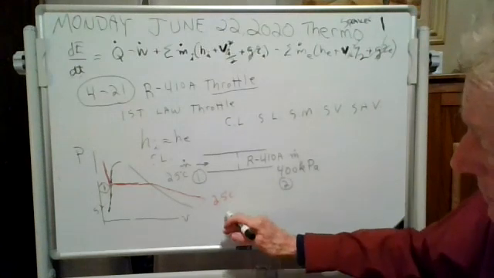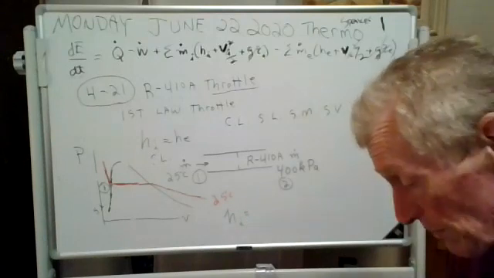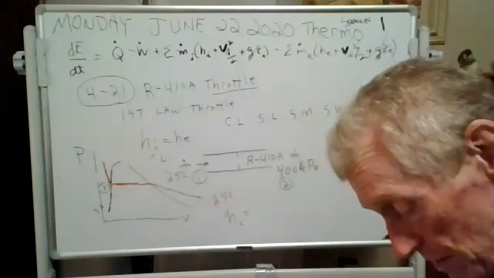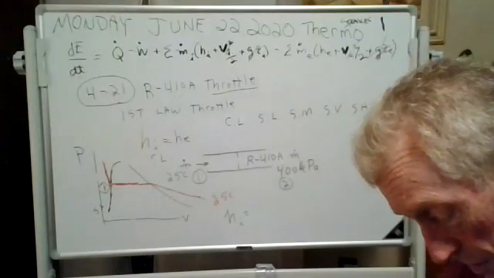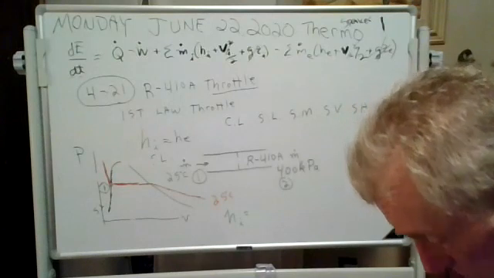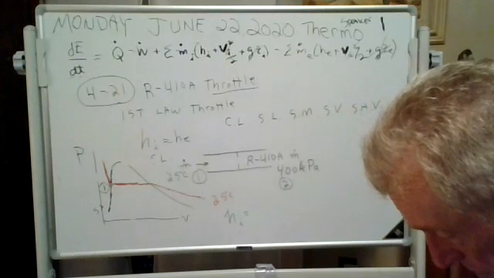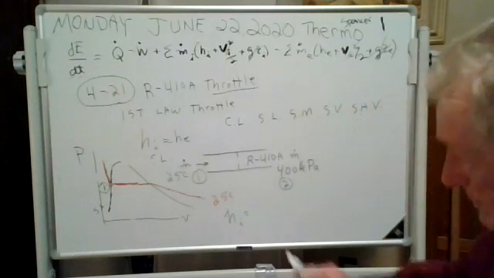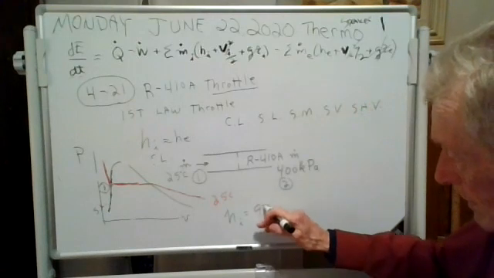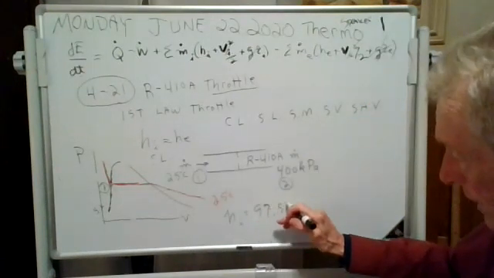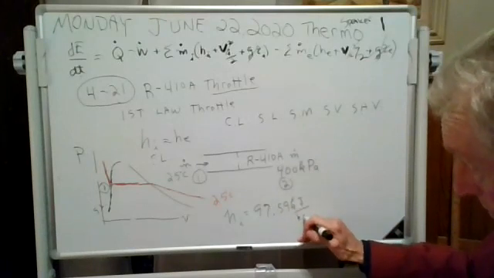And I can tell you what HI is. Just look on your table. Let's see what it says. It says for 25 Celsius, it is 97.59 kilojoules per kilogram.